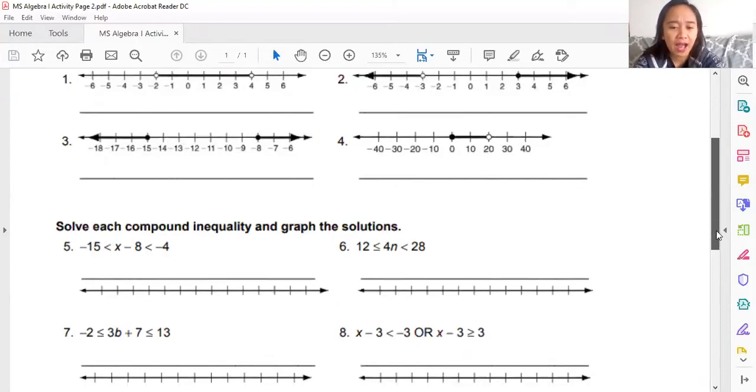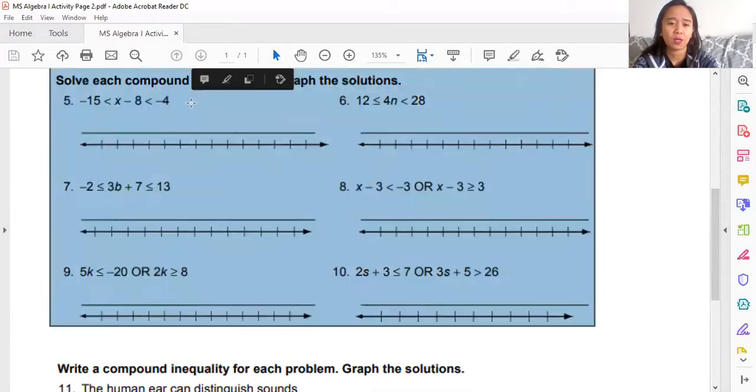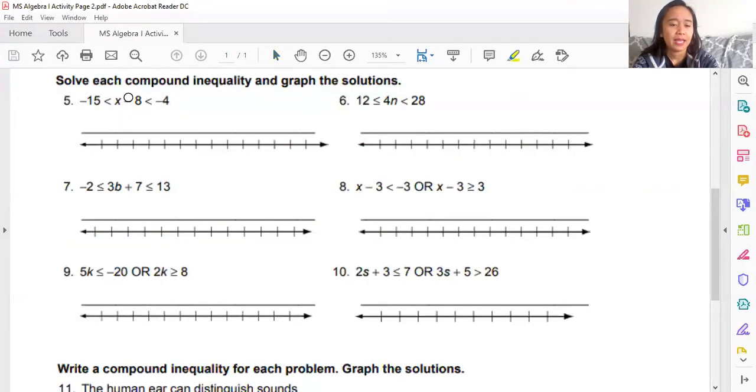Now, number 5, 6, 7, 8, 9, 10. What you're going to do with these is solve for x. I'll just help you with the first one. Look at the first one. In between, you have -8. It should only be x in between. So what's the opposite of subtracting 8?